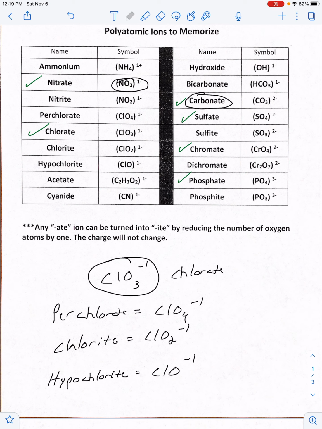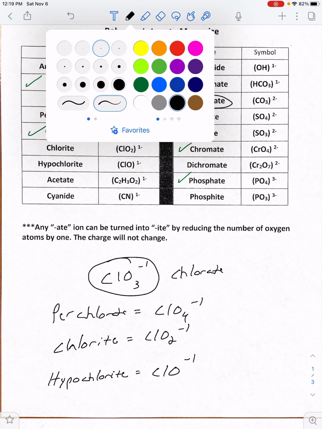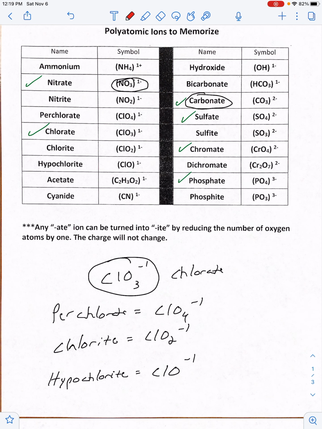If you know your base, like that sentence we just did, that would help out with nitrate, it would help out with nitrite, it would help out with perchlorate, chlorate, chlorite, hypochlorite. It will help out with carbonate, sulfate, sulfite, chromate, phosphate, and phosphite. So just knowing that sentence is going to help you with the bulk of these polyatomic ions. And these ates are what we use quite a bit.